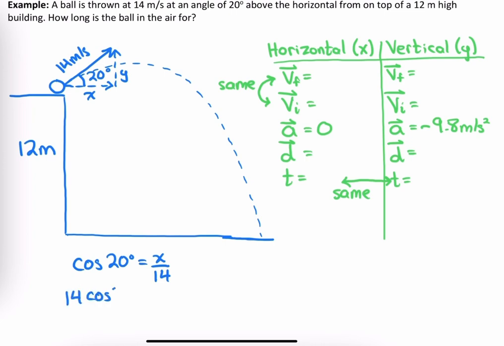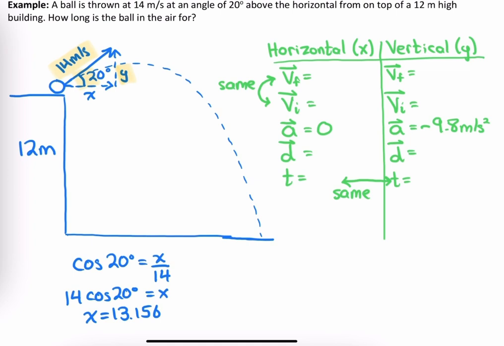Then if I rearrange, I can solve for that x component. And I get 13.156 if I keep 5 sig figs. I can also do the same thing for this y component here. Again, if I center myself at this 20 degrees, y is the opposite side, and I want to use information about the hypotenuse.